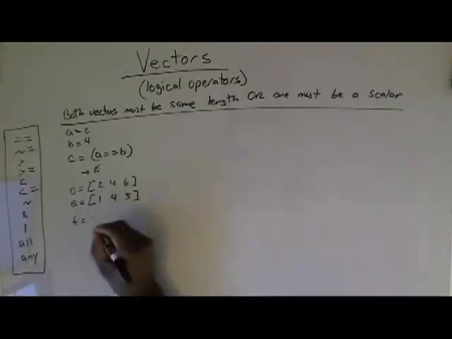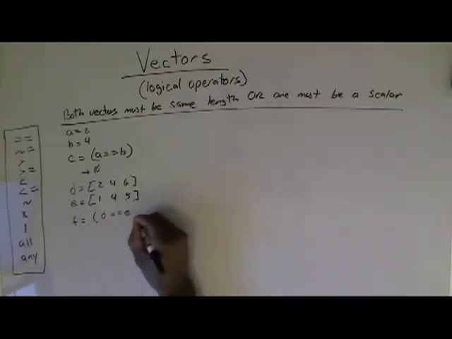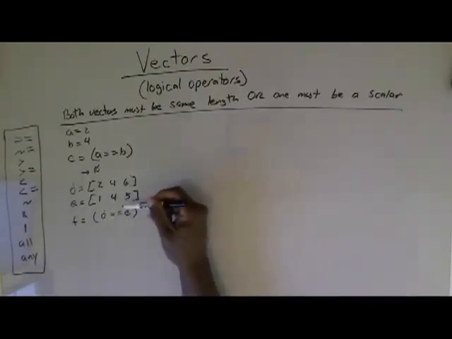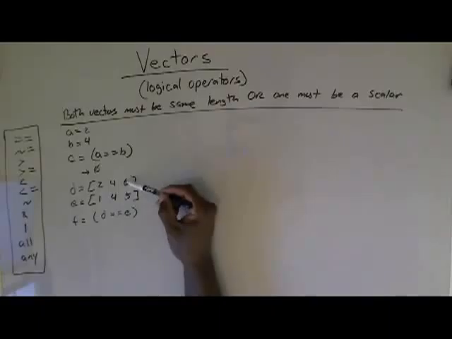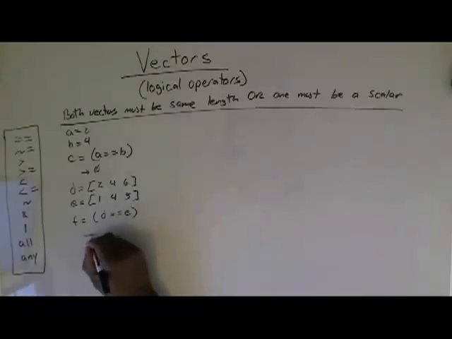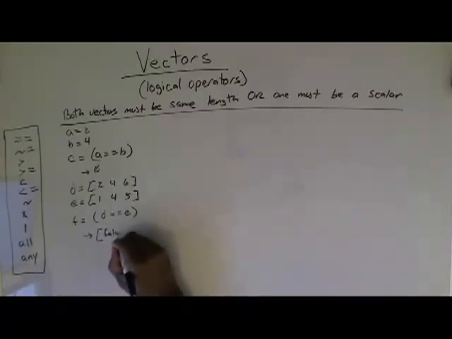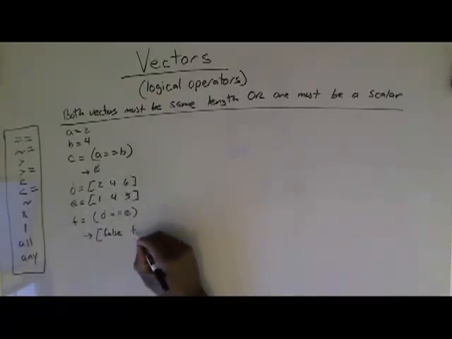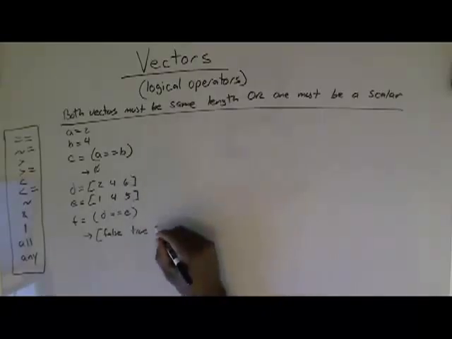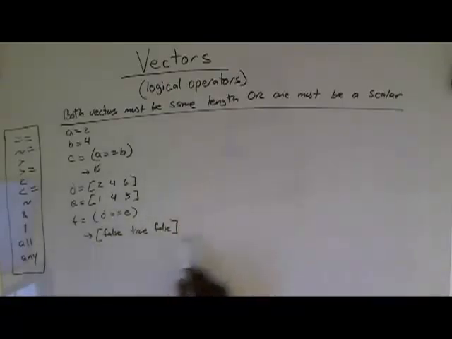So I say F equals D equal to E. Now that's going to do an element by element Boolean expression of equal to between each one. So effectively that's going to say, is 2 equal to 1? Well, that's false. Is 4 equal to 4? Well, that's true. Is 6 equal to 5? Well, that's false. So F is going to be the Boolean vector, the vector of class logical, false, true, false.